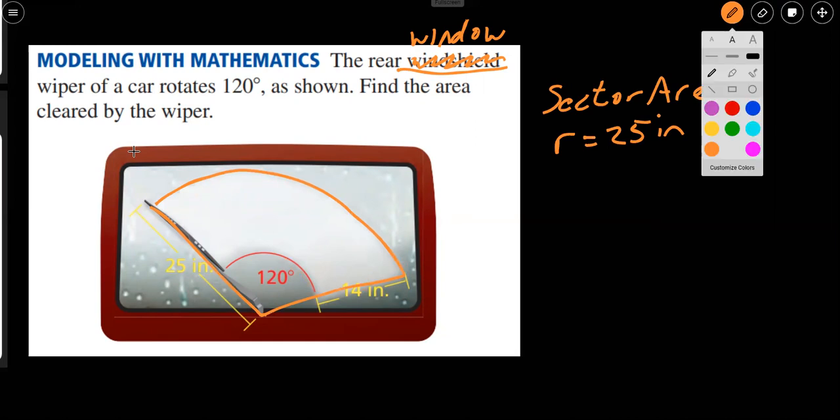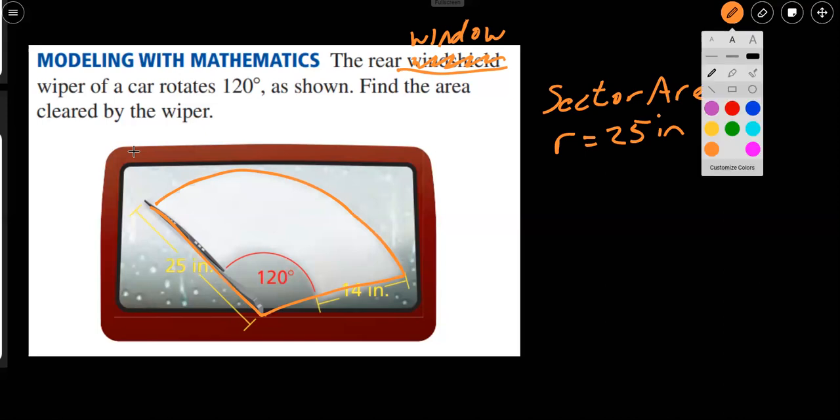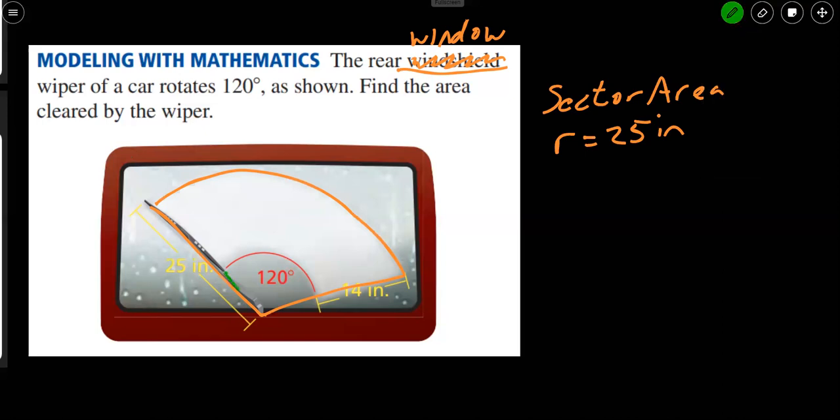And then I'm also going to create a sector area based off of the smaller circle from here to there. And I can do that by calculating what's left, what this distance here is. Well, if I know the long distance is 25, then the short distance is going to be 25 minus 14, which gives me a radius of 11 inches.